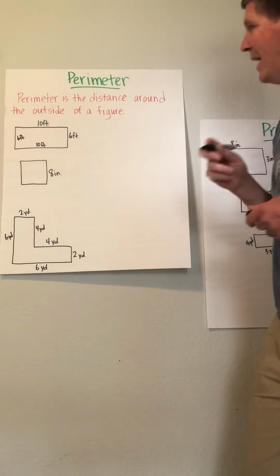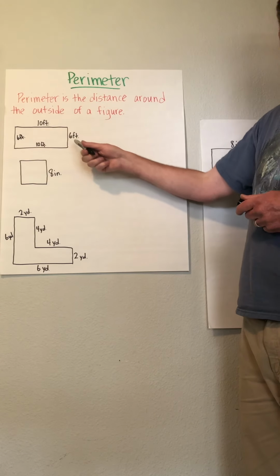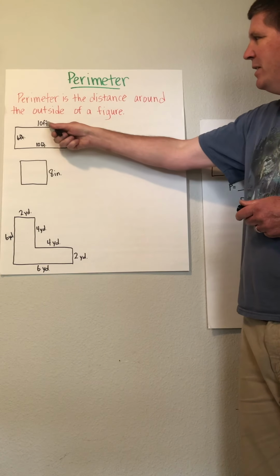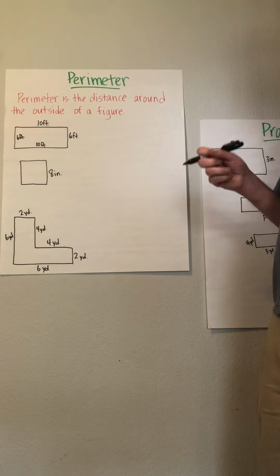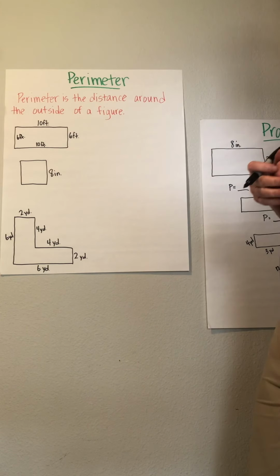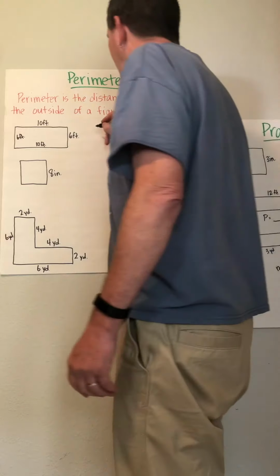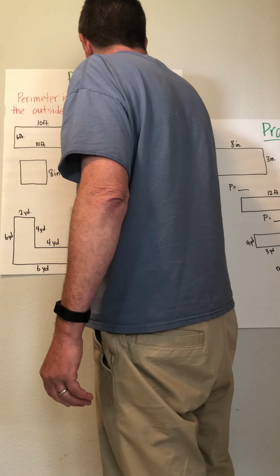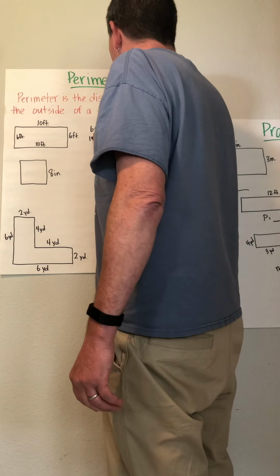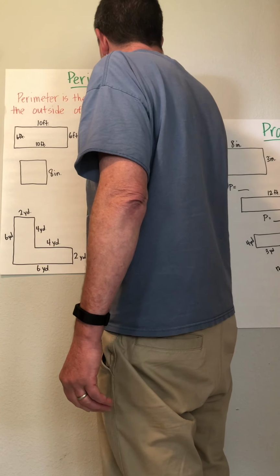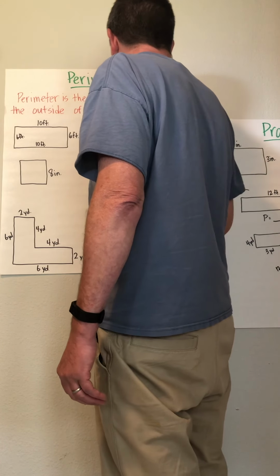Okay, now I have the length of all 4 sides: 6 feet, 10 feet, 6 feet, and 10 feet. So now what I need to do is add them together. So 6 plus 6 equals 12. 10 plus 10 equals 20.